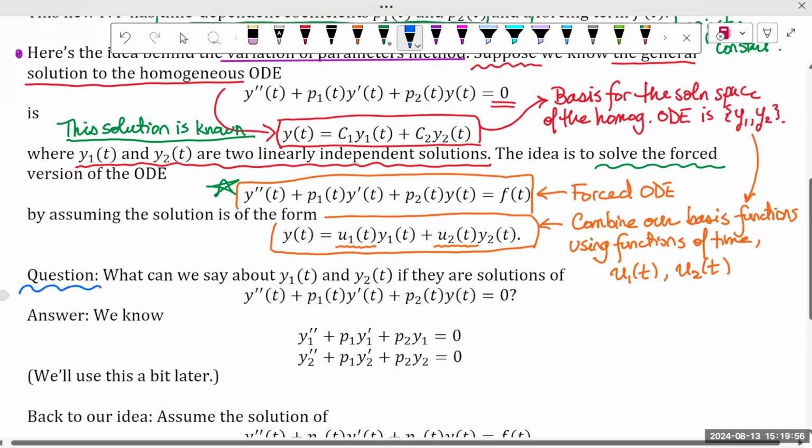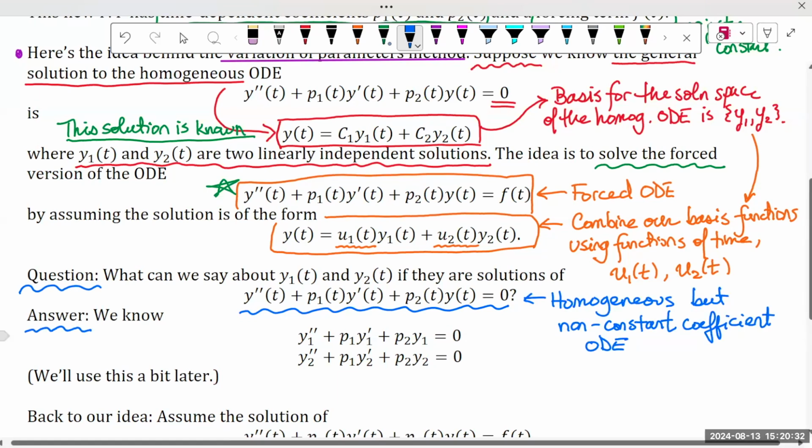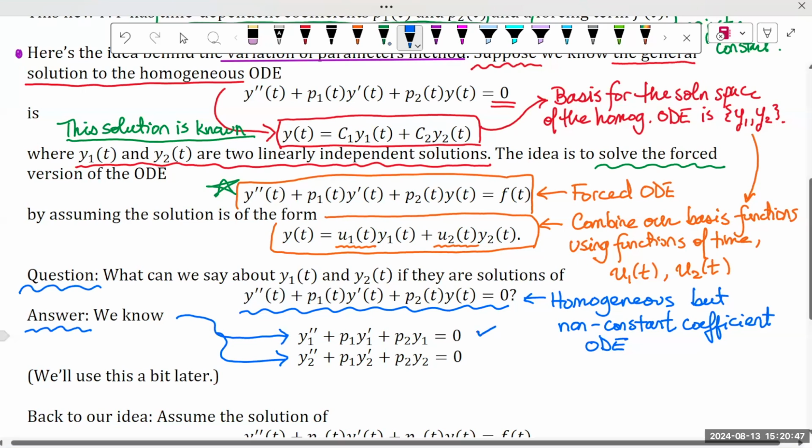Now here's our question. What can we say about those basis functions if they are solutions to the homogeneous ODE? Here is a key fact that we are going to have to keep in mind. We know that since they are solutions to the homogeneous ODE, when you plug in either one of them, you will get a 0 on the right-hand side. We are going to come back to using this a bit later.